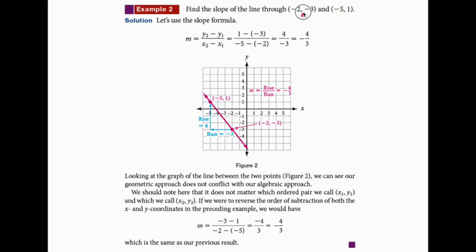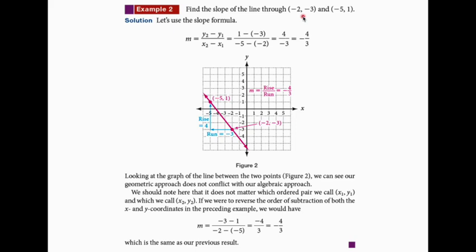What I mean by that, if you're calling this x1, this has to be y1. If you call that -2, x2, then this has to be y2. The 2's and the 1's need to line up or need to be with the same coordinate. As long as you keep the 2's and the 1's together in your formula that match with the points, then it's going to come out the same no matter what.